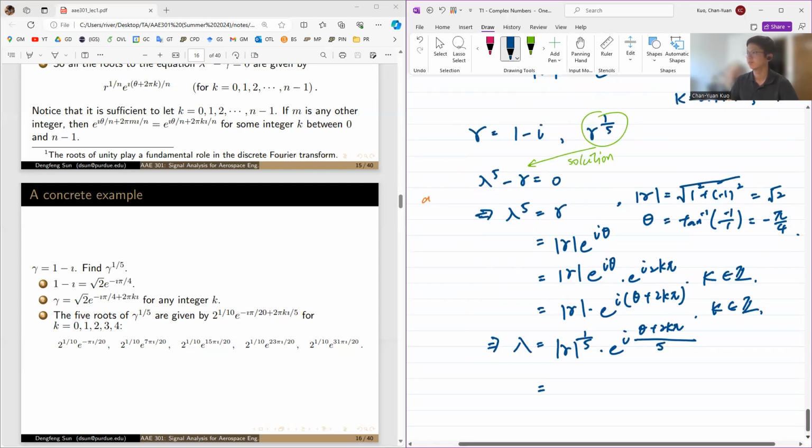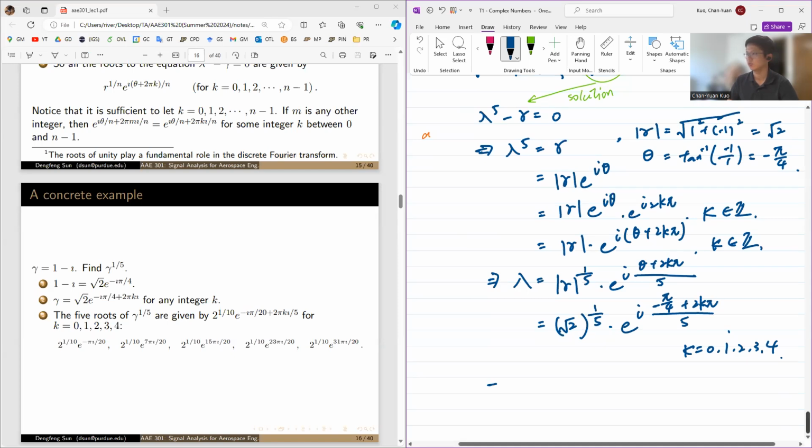So that's square root of 2 to the power of 1 over 5 times e to the i negative pi over 4 plus 2k pi over 5, and here k will be 0, 1, 2, 3, 4.